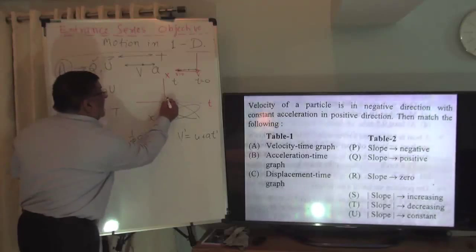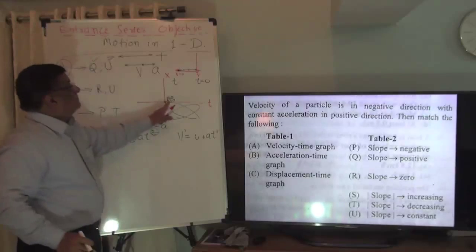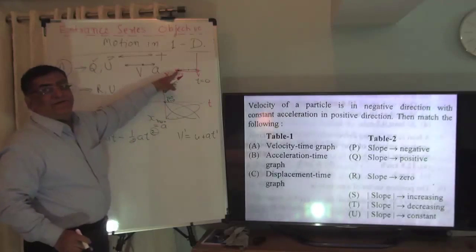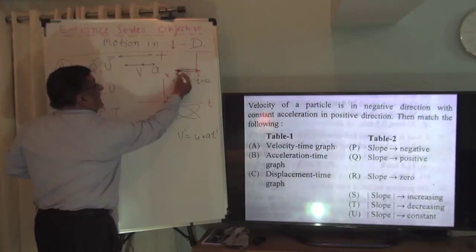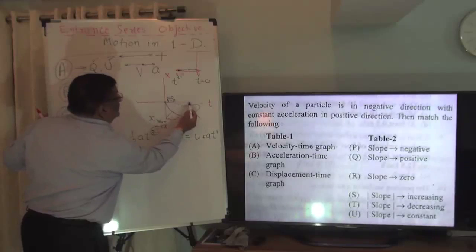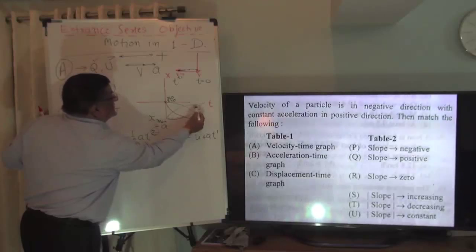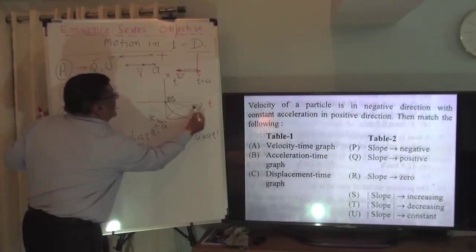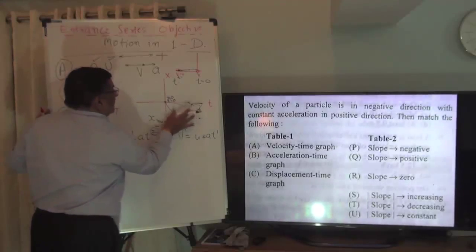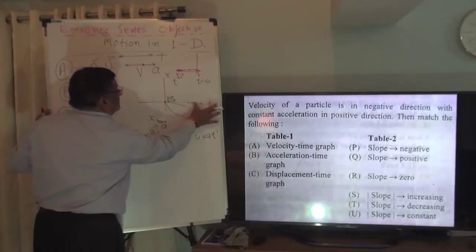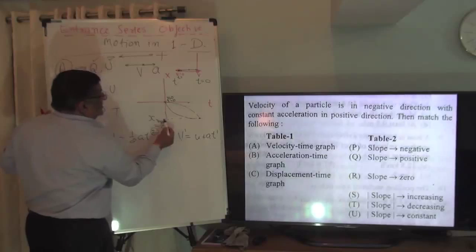This is the point, x is equal to 0, t is equal to 0. Here time t has passed, and what about x? x has become maximum at time t. So this one is not possible because it is going to be x0. So we have only these 2 options, where initially x is 0, and finally x is very large on the negative side.